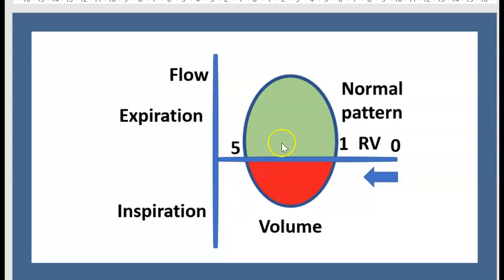The normal curve, we start 0 from here. Here is the residual volume. Here is the total lung capacity, which is around 5 liters. We are in expiration in green, and we are in inspiration in red, as the volume and the flow.